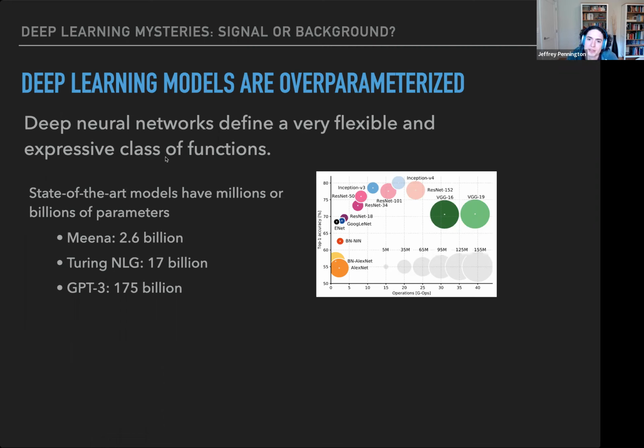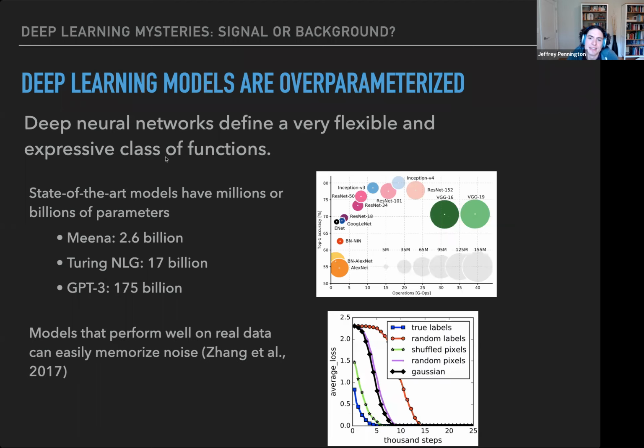I think a natural answer to that question is compared to the number of parameters you would need for the problem at hand. An interesting set of experiments looking into that question was performed by Zhang et al. in 2017. What they did is the following. They took a basically simple off-the-shelf convolutional neural network, one that is designed and typically does perform well at certain image classification tasks.